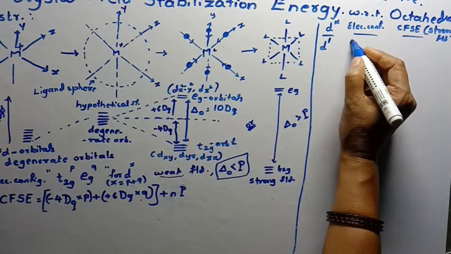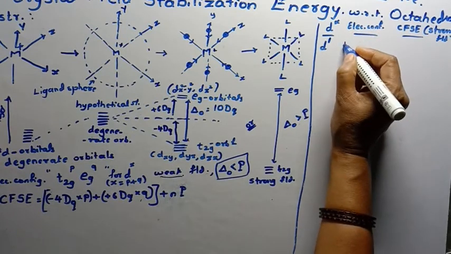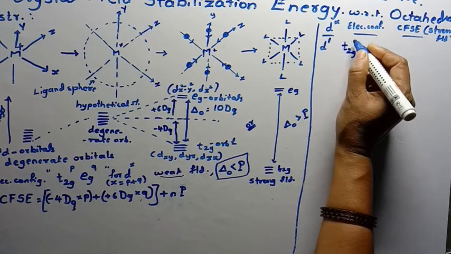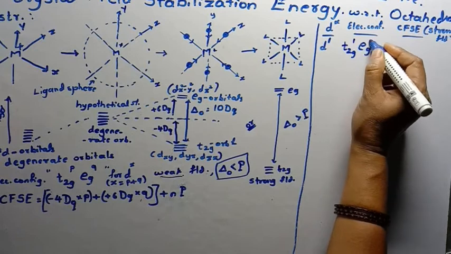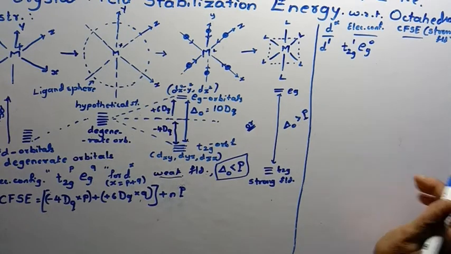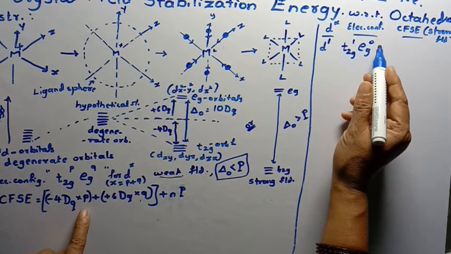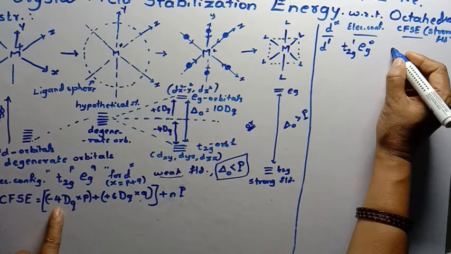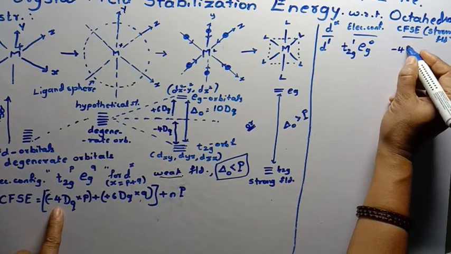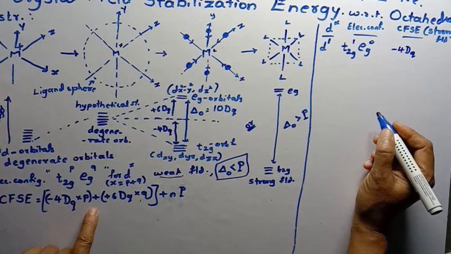Therefore, the electronic configuration is t2g^1. That electron goes to the t2g orbital and the eg orbital remains empty. Here p is 1, q is 0. Therefore, the crystal field stabilization energy is minus 4 Dq.